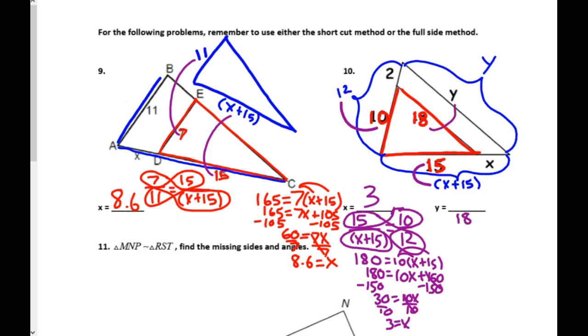So 18 over y equals, and I'm going to use, once again, 10 to 12. 18 over 12, or 18 times 12, 216, equals 10 times y, 10y, divide by 10, and I get 21.6.